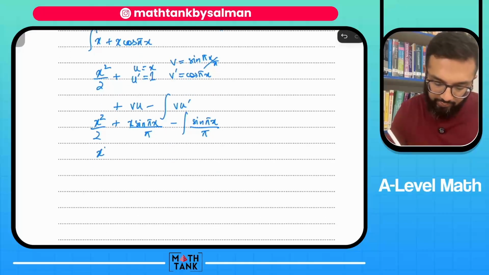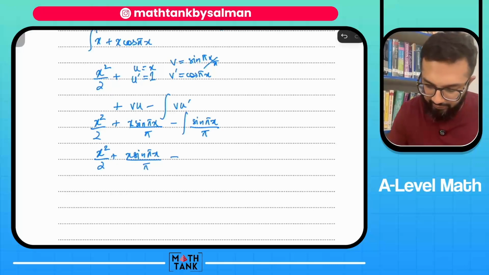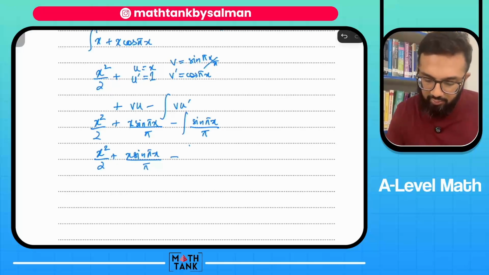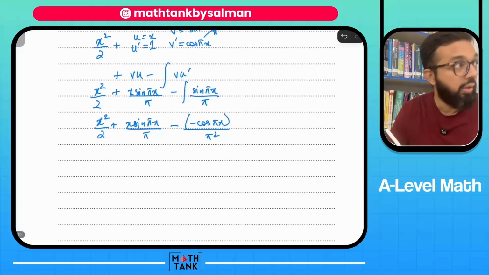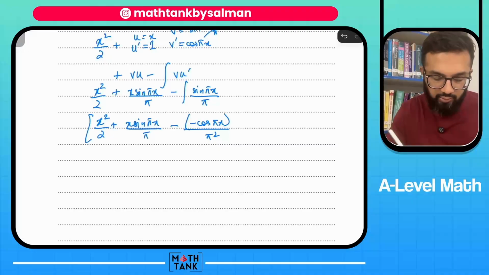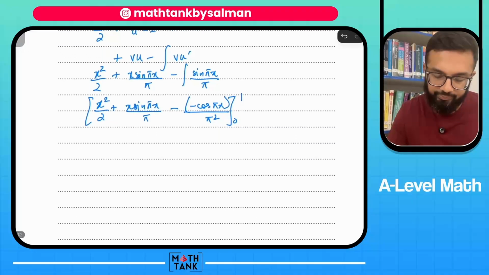So I get x square over 2 plus x sine pi x over pi plus cos pi x over pi squared, from 0 to 1.